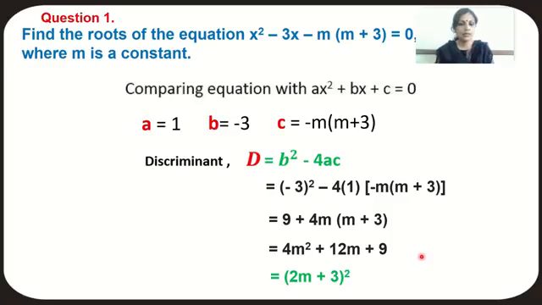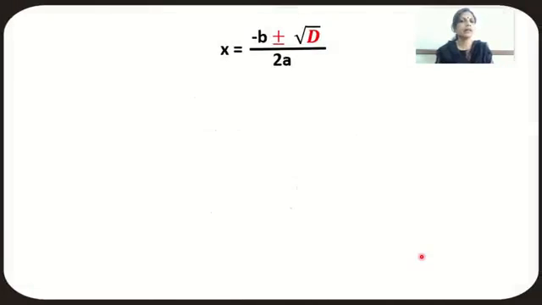If you expand 2m plus 3 the whole square by using the formula a plus b the whole square, we will get 4m square plus 12m plus 9. So in place of that 4m square plus 12m plus 9, we have written 2m plus 3 the whole square, and this is our value of D. Now to find the roots, we have the formula x is equal to minus b plus minus square root D upon 2a.